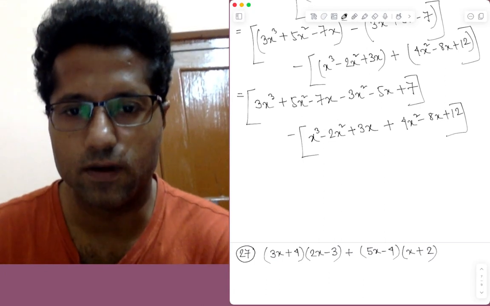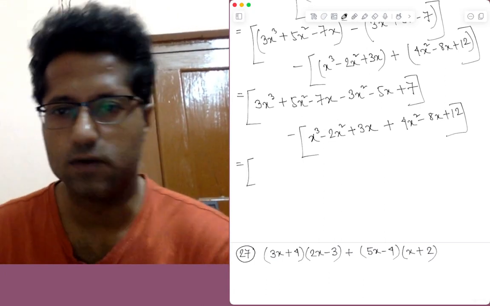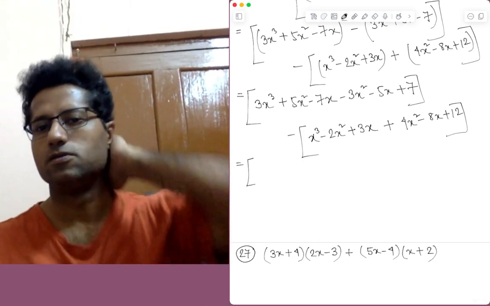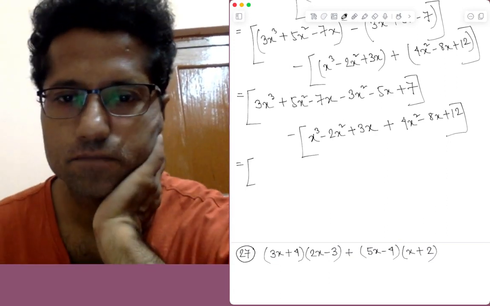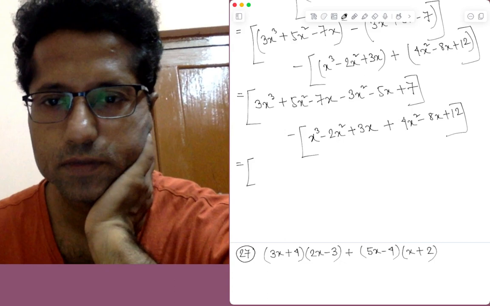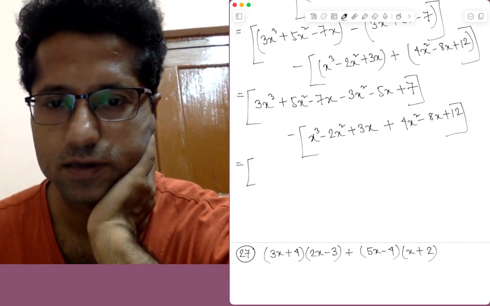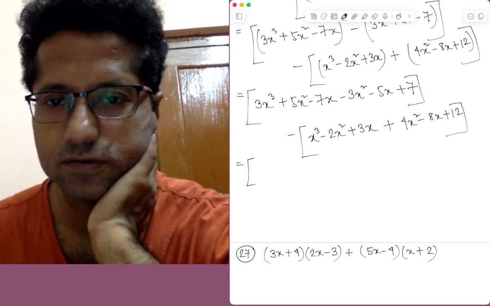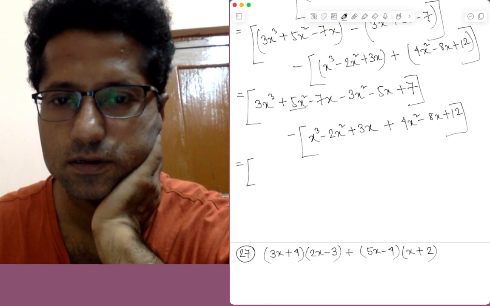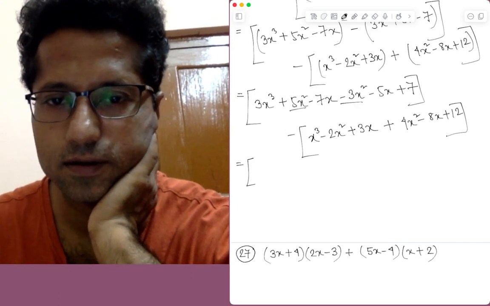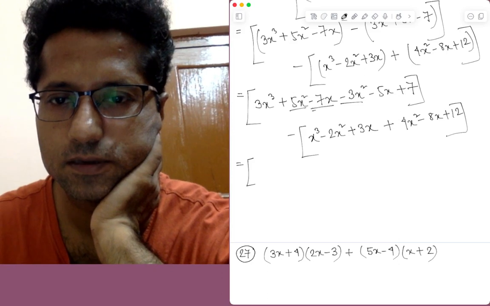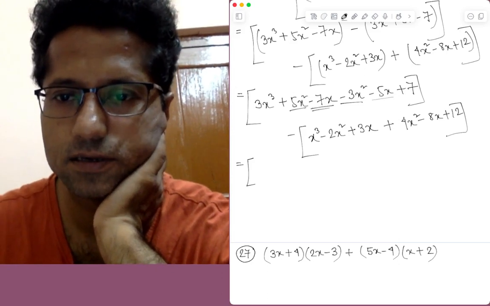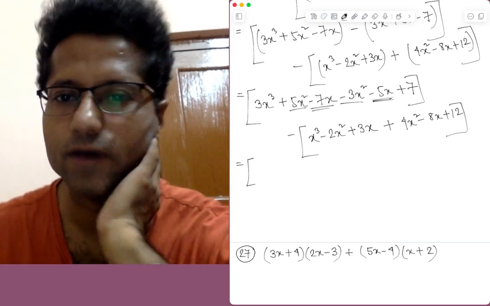Now if we further simplify the two algebraic expressions in the two grouping symbols, we have like terms. For the first grouping symbol, we have like terms 5x square and minus 3x square, and another pair is minus 7x and minus 5x.